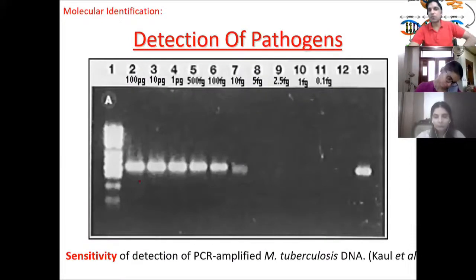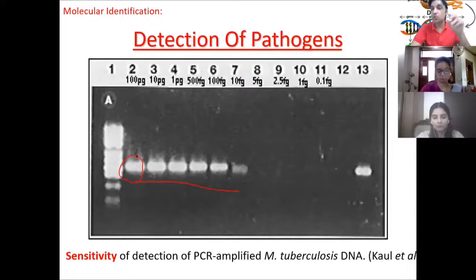This is an example of the detection of a pathogen, using 10 picograms, 100 picograms, with different concentrations from the samples. The more infection means more of the virus. Here there is no virus.